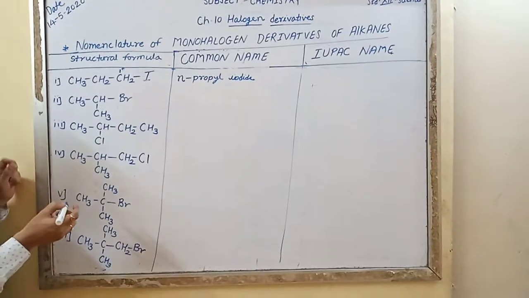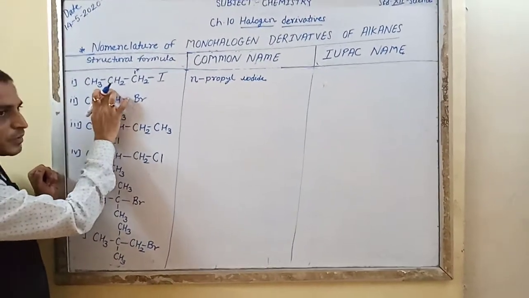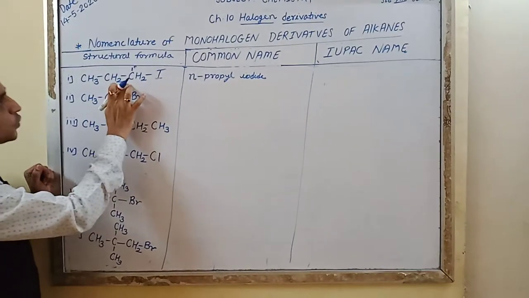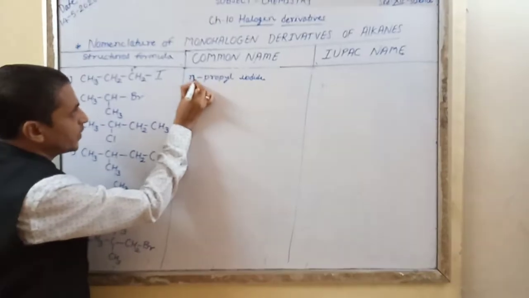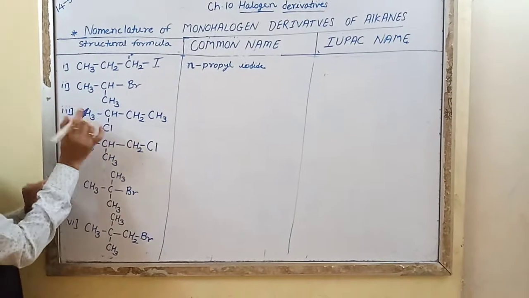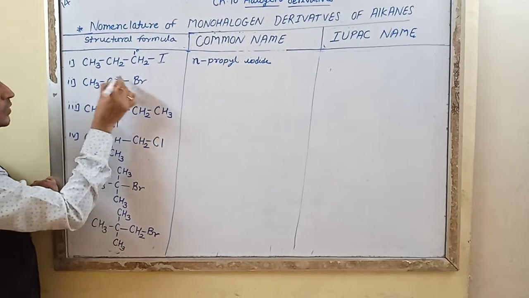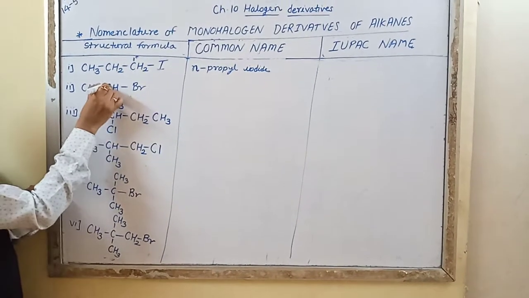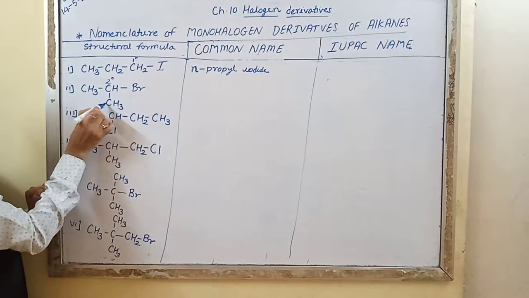Now come to the second. One more thing I have to tell. If more than 2 carbon atoms are present, then in order to give common name, you must use the letter N. N means normal. Now come to the second structure. See here, there are 3 carbon atoms, but here this carbon atom is a secondary carbon atom, because this carbon atom is attached to 2 other carbon atoms.